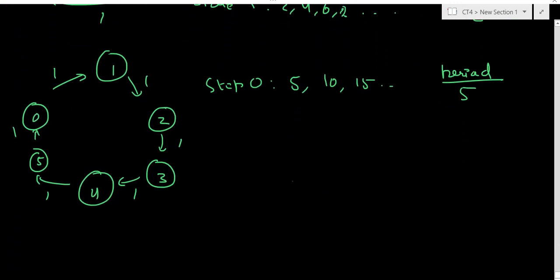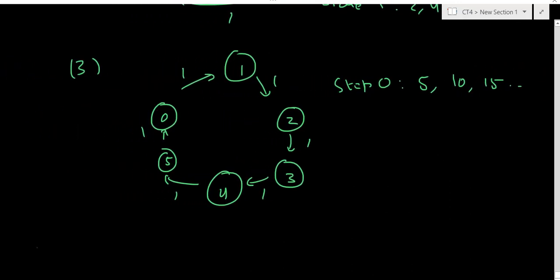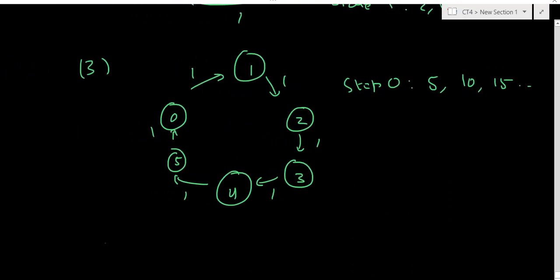But here there is a period because their factor is 5. So for all of these states, if you check, the period would be 5 and thus the period of the entire Markov chain is 5, right? So it's not aperiodic. Okay, so these were a few examples in order to judge whether a Markov chain is periodic or aperiodic. Okay, let's check a few more.